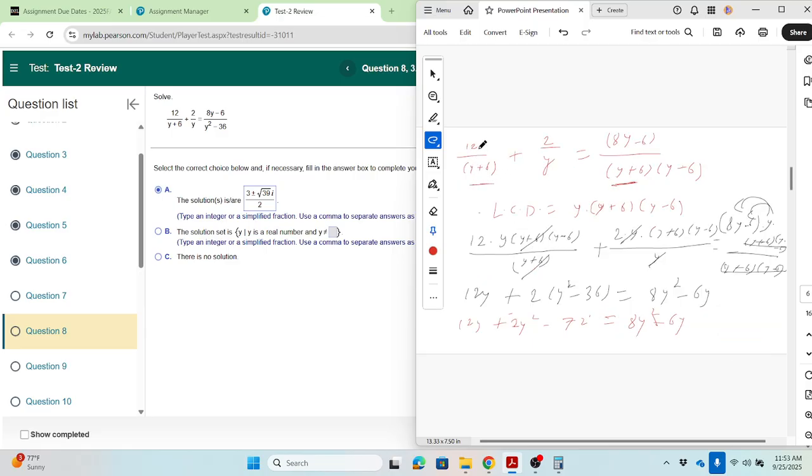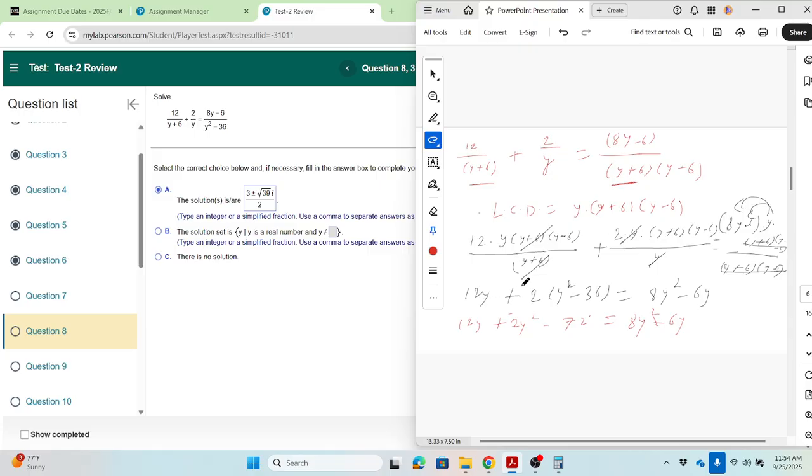Let me go back here. 12y plus 6, 2 over y, 8y minus 6, y square minus 36, which is y plus 6, y minus 6. So the LCD is y times y plus 6, y minus 6. If I multiply the top and bottom, it's 12y, y minus 6, and 2y plus 6, y minus 6.